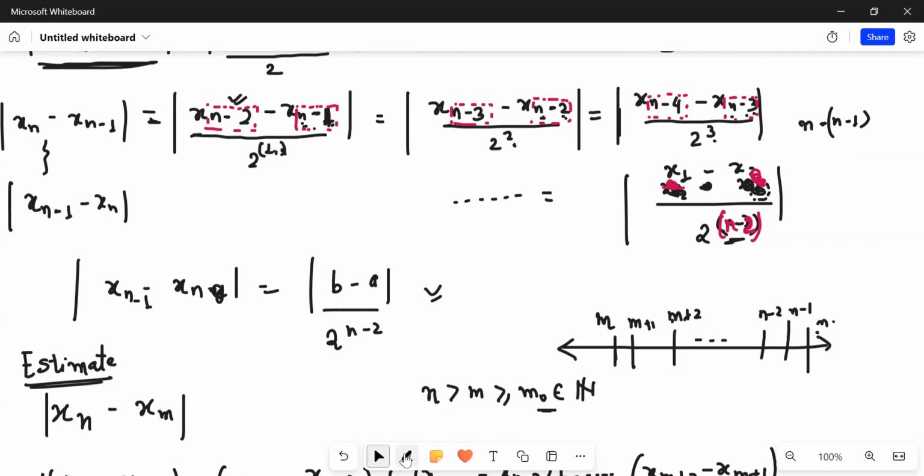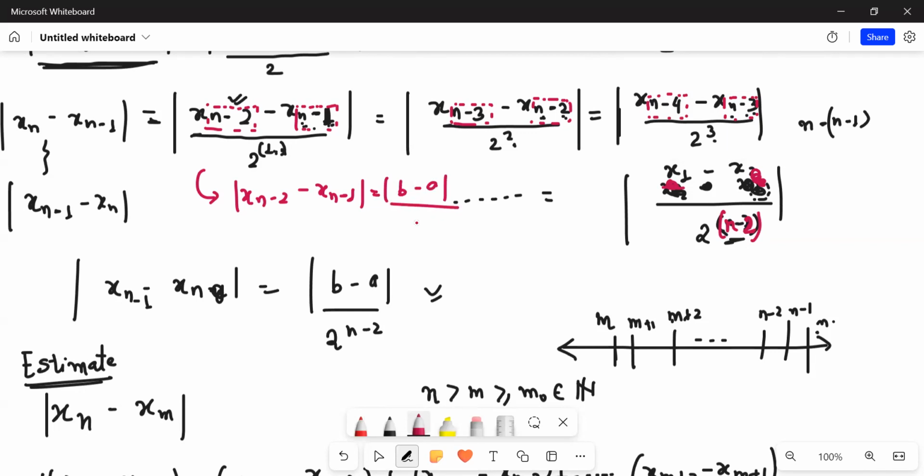So from here it is quite clear that modulus of xn minus 2 minus xn minus 1 would be equal to modulus of b minus a divided by 2 raised to power n minus 3. You just take 2 there, I mean, take this bracket and this bracket and compare these two. I hope it is clear.